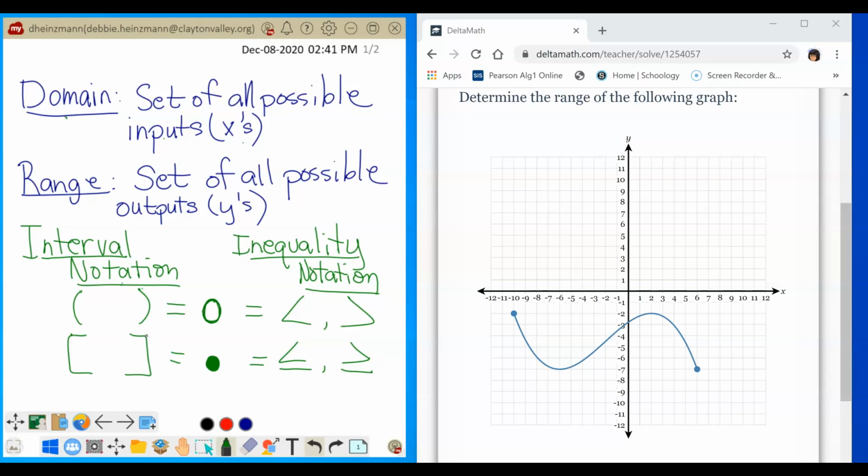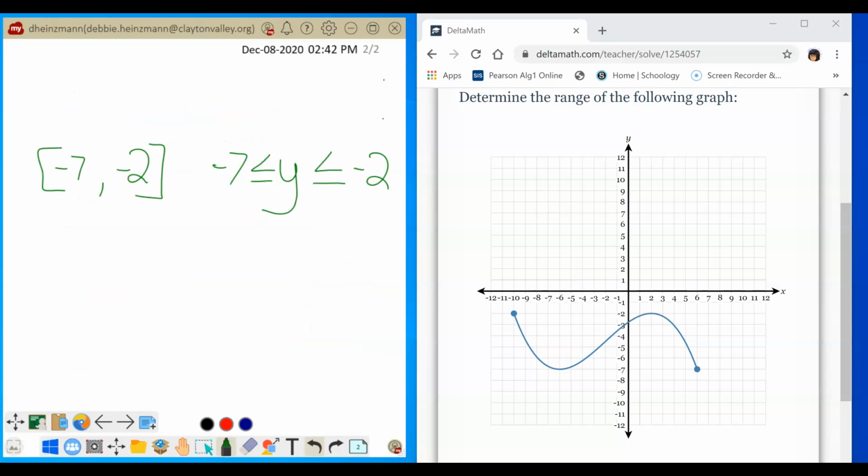Okay, so the range of this function is the set of all possible y's. So here we're looking at the lowest point, which is -7, and the highest point, that is -2. So let's see how we would write this.